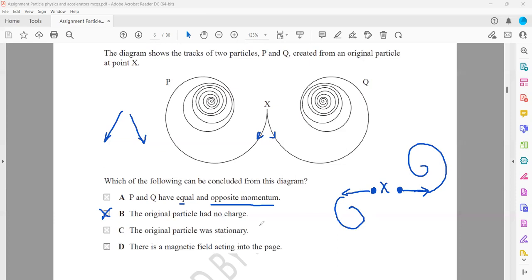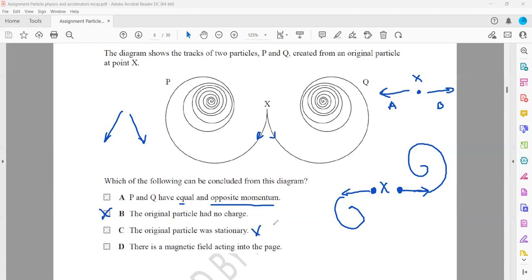Can the original particle be stationary? Why can it not be stationary? Because according to conservation of momentum, if the final momentum is not zero, the initial should not be zero as well. The original particle can be stationary if the two particles move in opposite directions, because if the original momentum is zero, the final will also be zero.